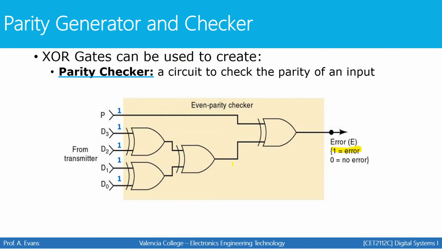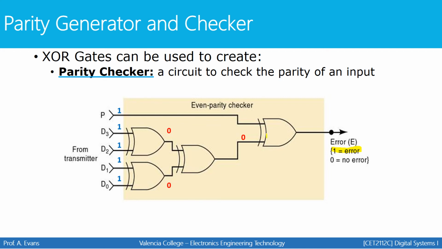So start with the first XOR gate right here. Both inputs are at the same level, so you're going to get a 0 out. Same thing with the second XOR gate, and the same thing with the third. Both inputs are at the same level, so the output is going to be low. That's based off of the truth table for an XOR gate.